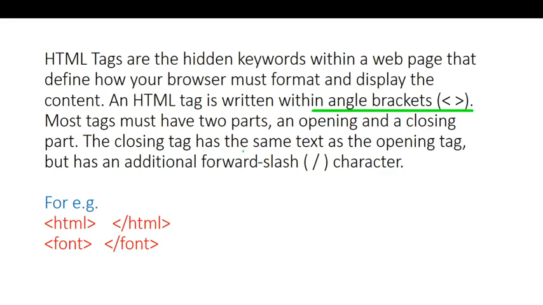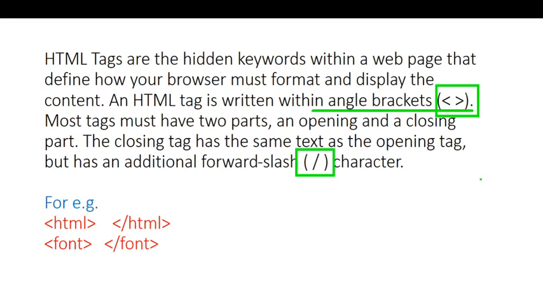The closing tag has the same text as the opening tag, but has an additional / character. So what we understand is HTML tags are the hidden keywords within a web page, written within angular brackets.